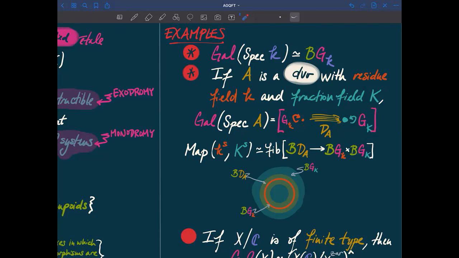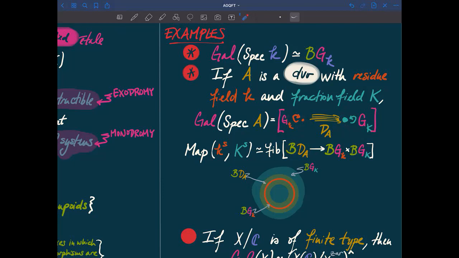It just has nothing to do with the word link in knot theory. No, oh, okay, sorry. Yeah, there's too many links. Maybe I'll say it differently. I'll say that this is the deleted tubular neighborhood, really, of this closed point, of this closed stratum inside the bulk. Does that make sense?